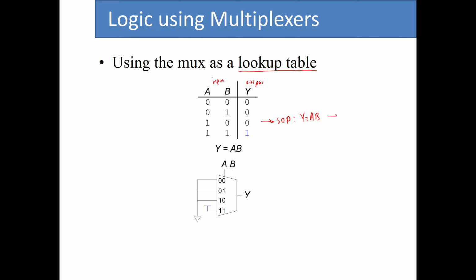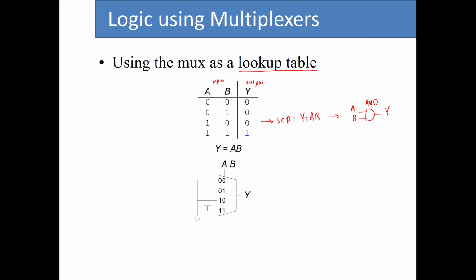So now if you want to do the implementation, we can do it like this. We have A, B going through an AND gate to create the output Y. But what if we don't have access to individual gates?